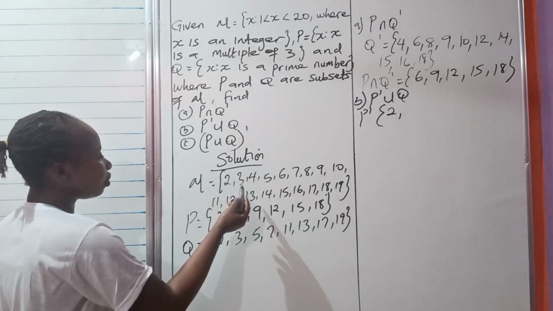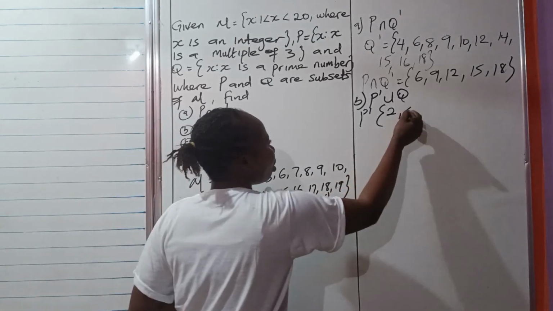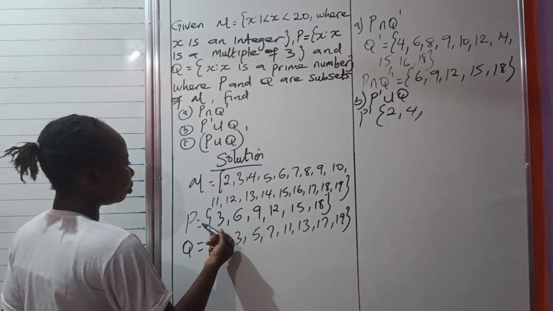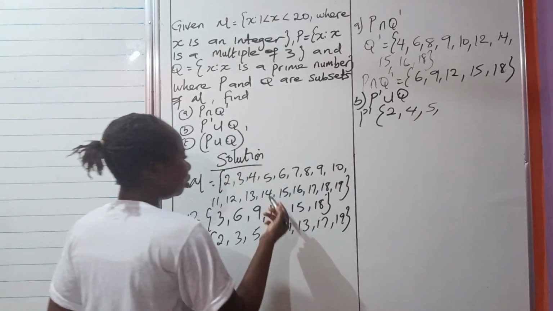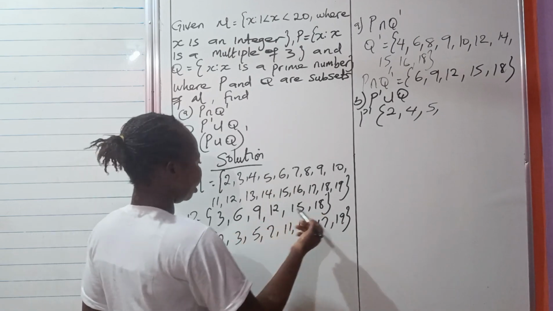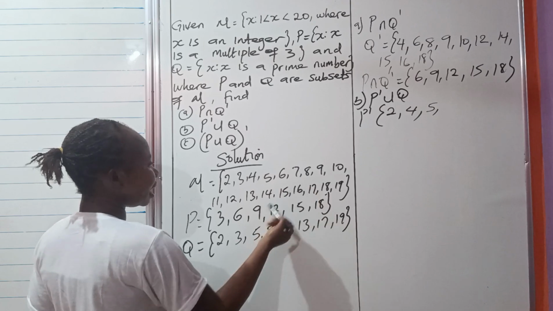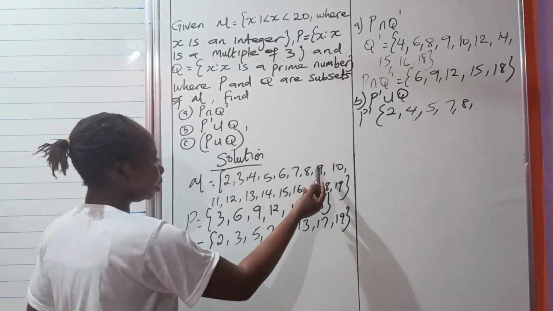Are we following? Followed by 3, 3 is here. 4 is not here, so 4. Followed by 5. Do we have 5 in the elements of P? No. So 5 is there. 6 is here. 7 and 8 are not here. 9 is here.